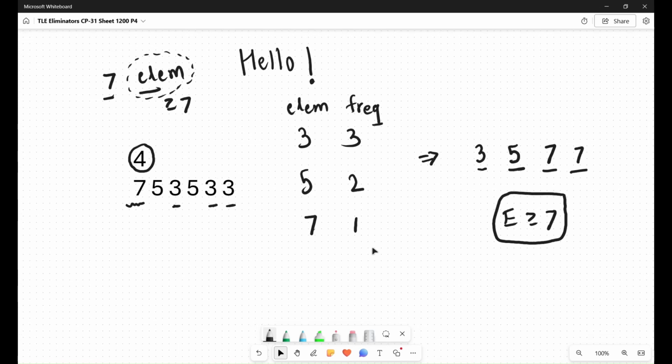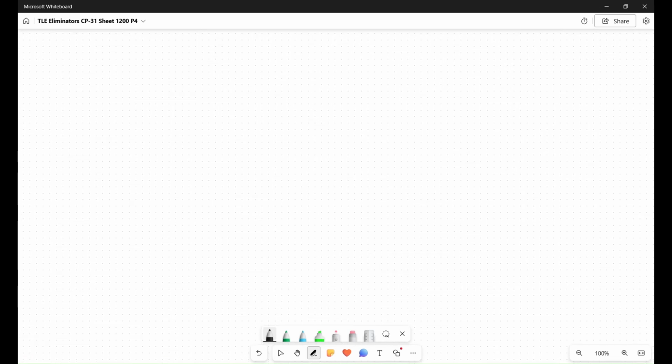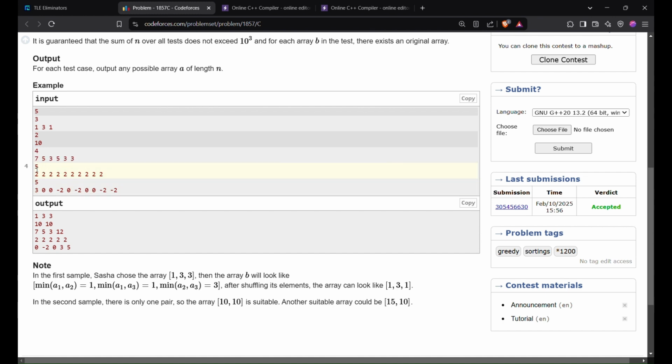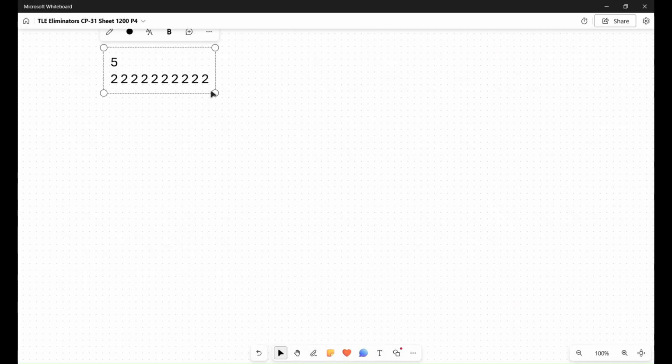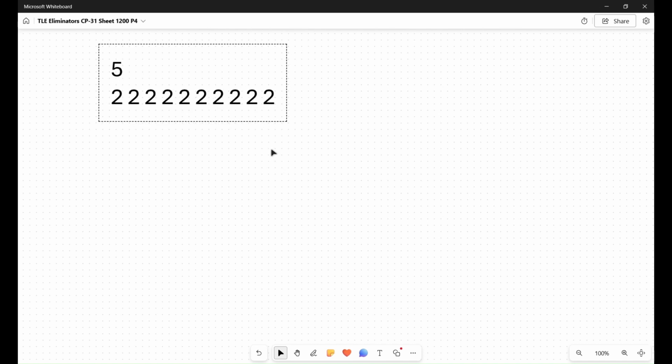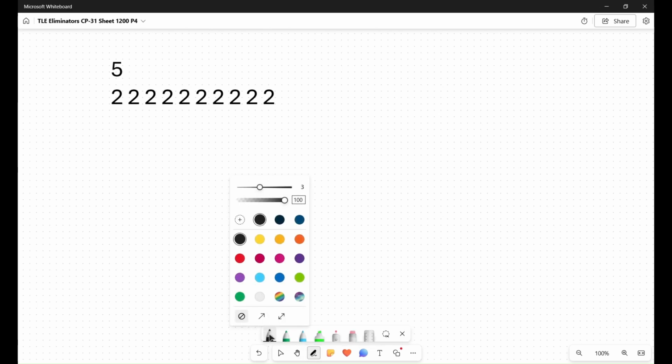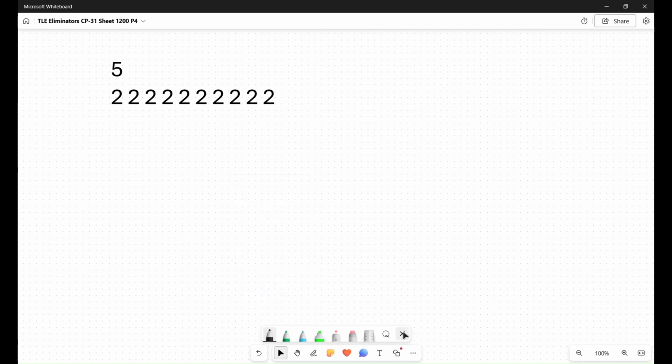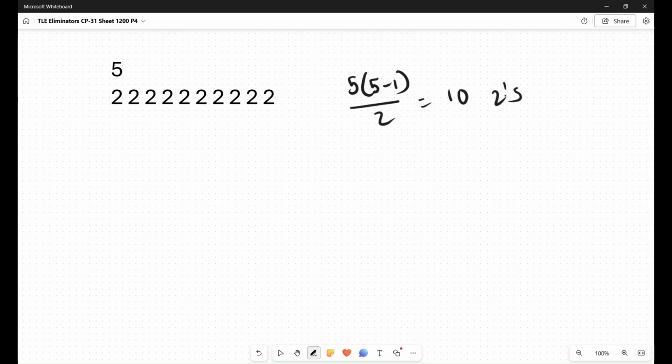Okay, and for another test case, let us take a look at test case number 4. So here you notice that you have 5 times (5 minus 1) divided by 2, which is 10. 10 twos, right?